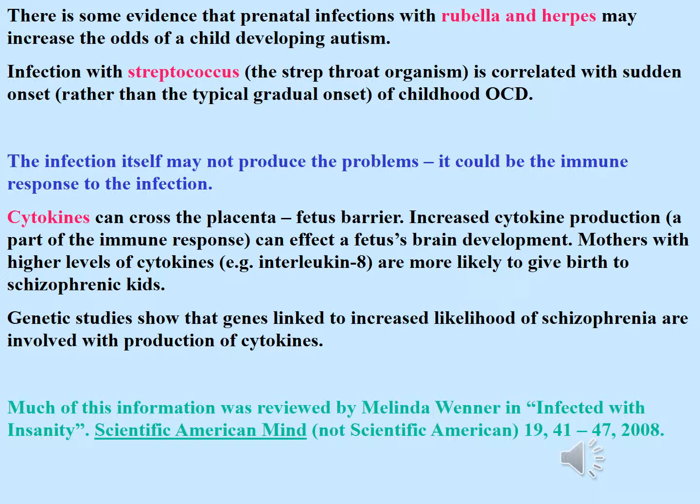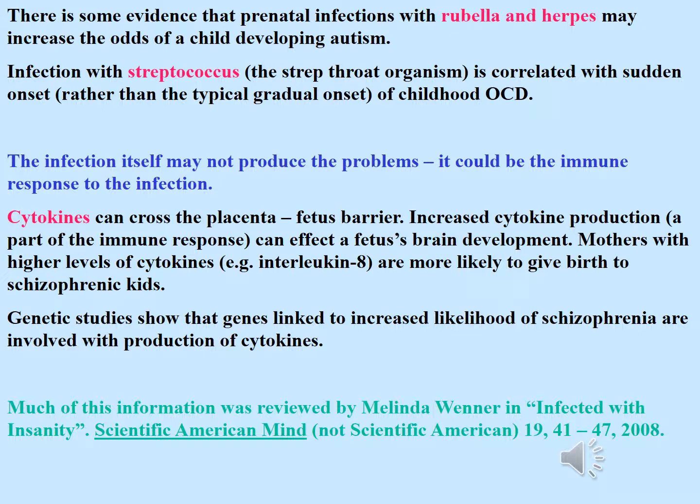Infection with streptococcus is correlated with sudden onset of childhood OCD. The infection itself may not produce the problems. It could be the immune response to the infection. Cytokinins can cross the placenta-fetus barrier.